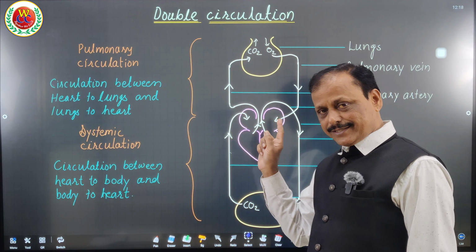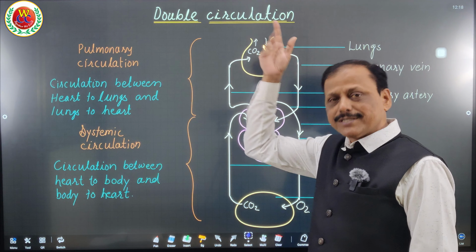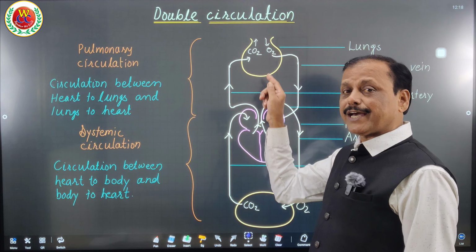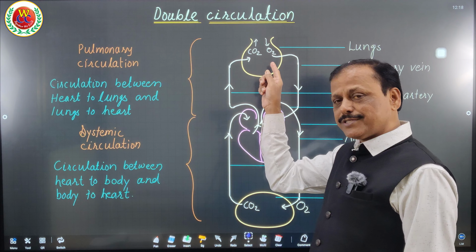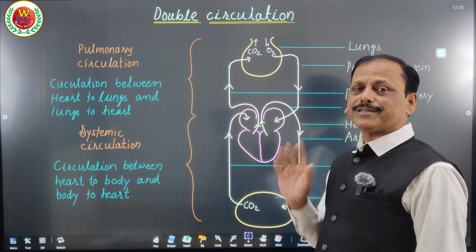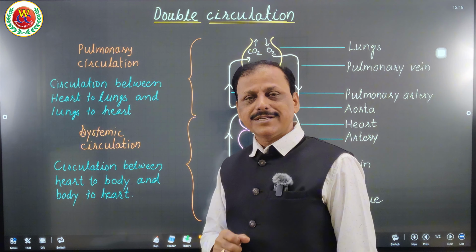The pulmonary artery carries deoxygenated blood from the right ventricle to the lungs to deliver the carbon dioxide, and the pulmonary vein carries oxygenated blood that has received the oxygen to the left auricle. So this circulation is known as pulmonary circulation.